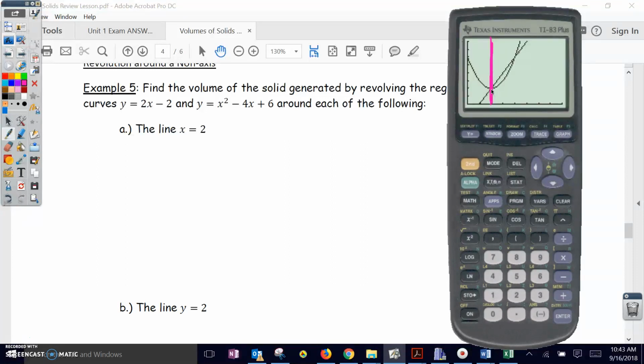We're going to have to solve these functions for x. So I'm going to take the first one, add 2 to both sides, divide both sides by 2, and you get that x equals 1/2 y plus 1. That's the line which is going to form our inner radius. The other one is not as easy to solve for x.